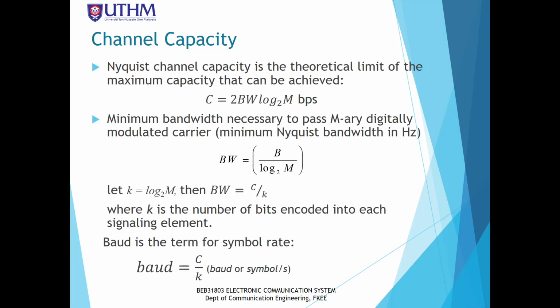Okay, so if the transmitter transmits more than the channel capacity, the receiver will be unable to decode the transmitted signal. There's going to be a lot of errors, and it will produce a very bad output. Itu yang berlaku sekiranya transmitter menghantar pada kadar yang jauh yang lebih besar daripada channel capacity.